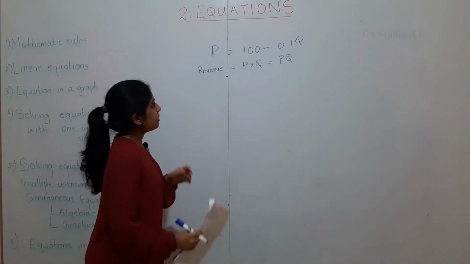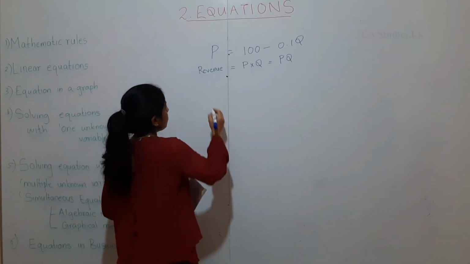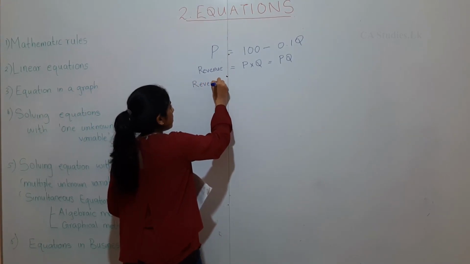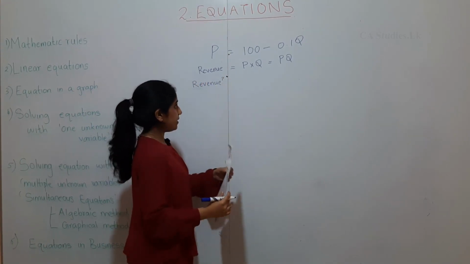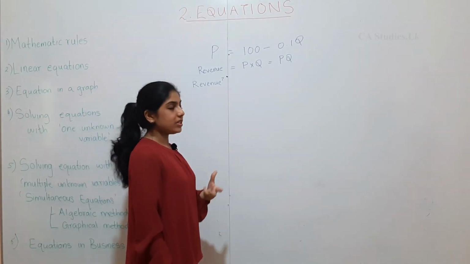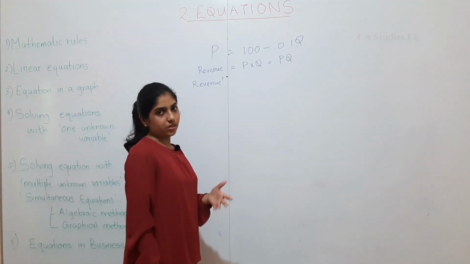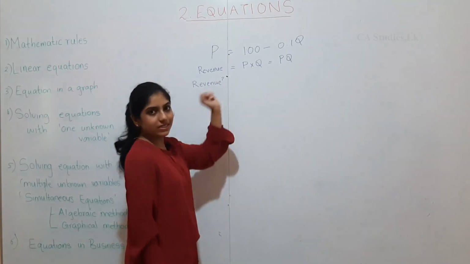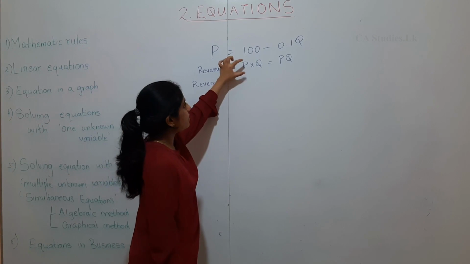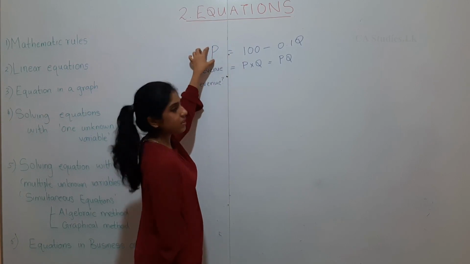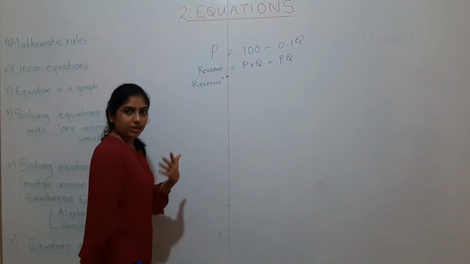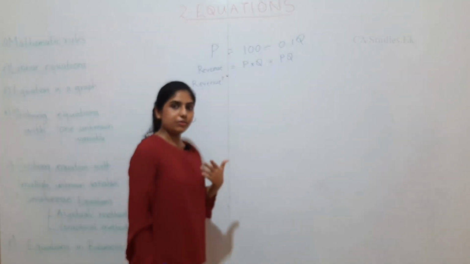Now they are asking for the formula for revenue. So one would say, okay, it's directly given, we can write PQ. No, it won't be an option in your MCQ if they have given it visibly here. So you will have to put this part into the given equation. Familiarize yourself with this process.